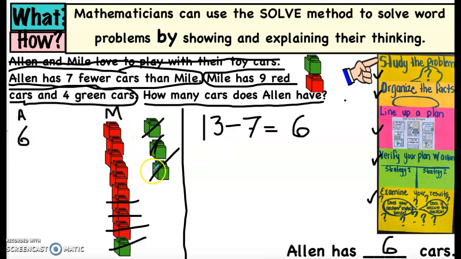I used manipulatives for one, and then I used a number sentence for another one. And then I examine my results, asking, does my answer make sense? And yes, it does. Because Miles has 13 cars and Alan has 7 fewer. 13 minus 7 equals 6. So we for sure know that Alan has 6 cars.